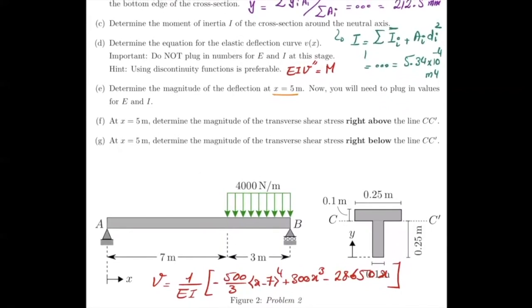So all you have to do is to insert x equals 5 in your deflection function, and if you do that, you get, by the way, it asks you for the magnitude of deflection, so you may want to just put it in absolute value. It's going downwards, obviously, right? So it's a negative number, but it asks you for the magnitude. So if you want, you can put it in absolute value. And if you do that, this would be 2.83 millimeters.